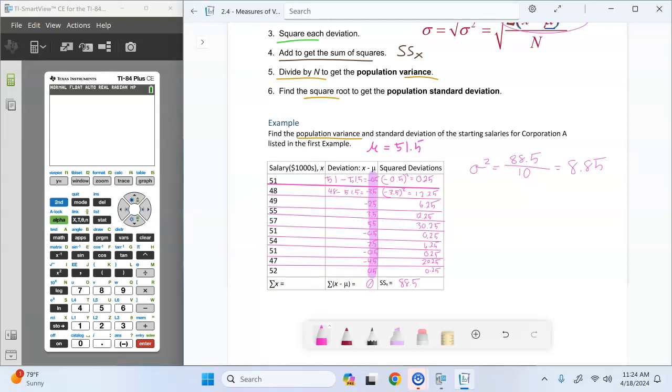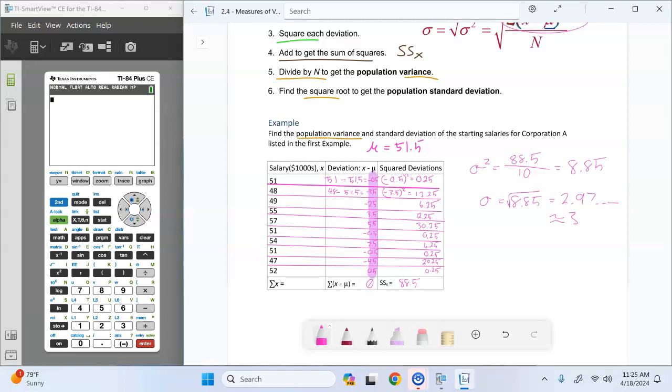So we take our variance, 8.85, and we square root it, and we get approximately what? Okay. So let's round it up to just 3, just to make it easier to explain. So our standard deviation is 3.